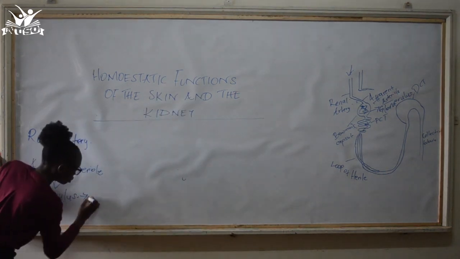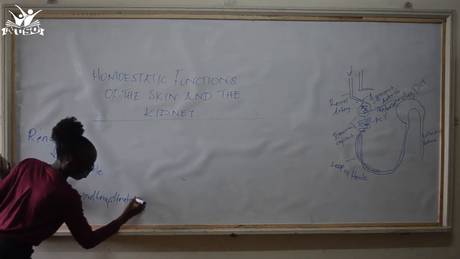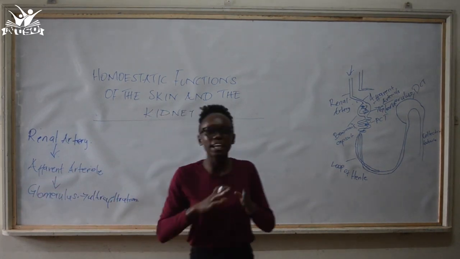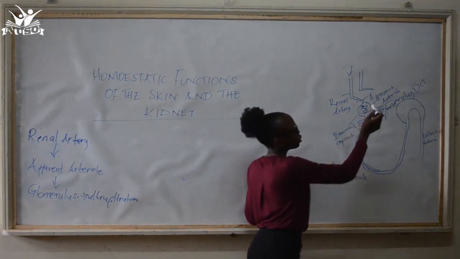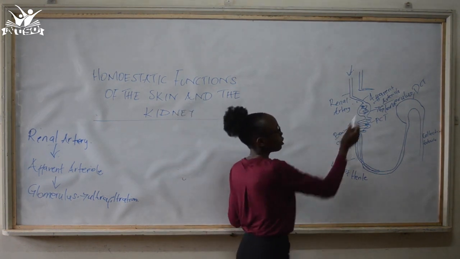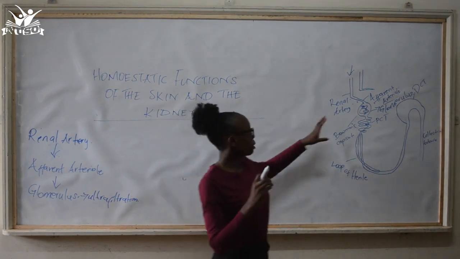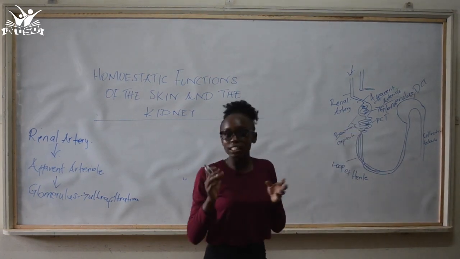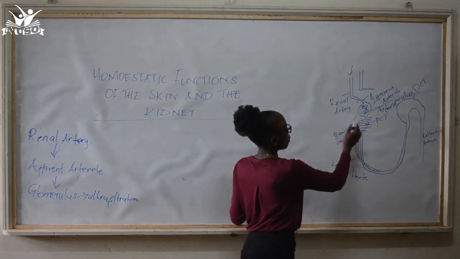Ultrafiltration is a process whereby small-sized molecules in the blood are allowed to flow to the Bowman's capsule, and large-sized molecules, since they cannot pass through the pores of the glomerulus, are left there. After that, the fluid is now known as the glomerular filtrate. Now it moves to the Bowman's capsule.